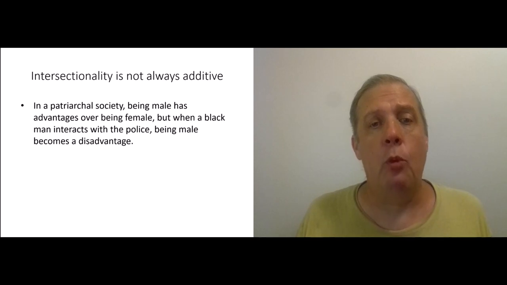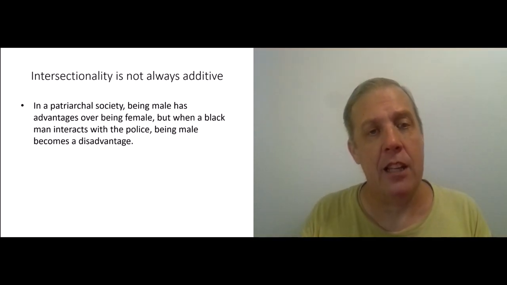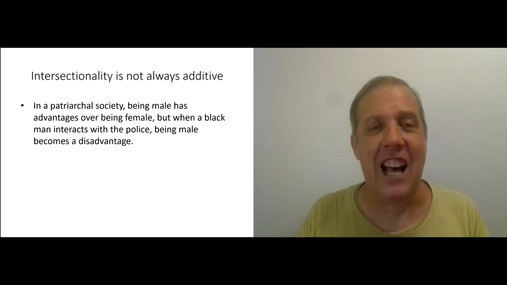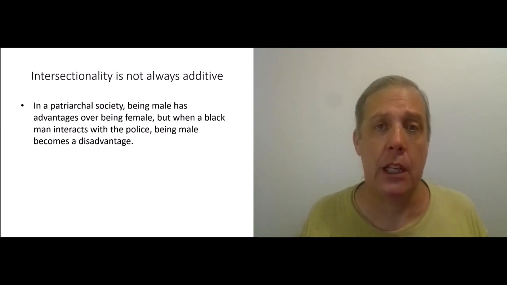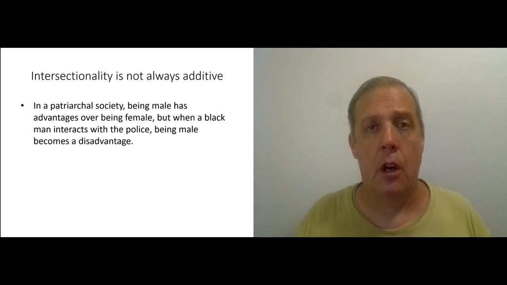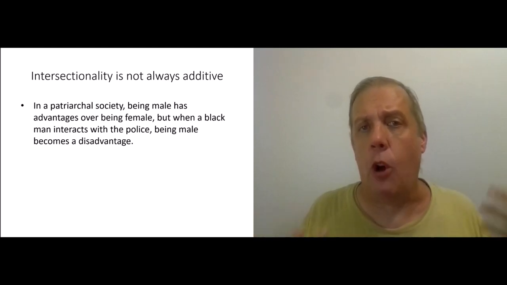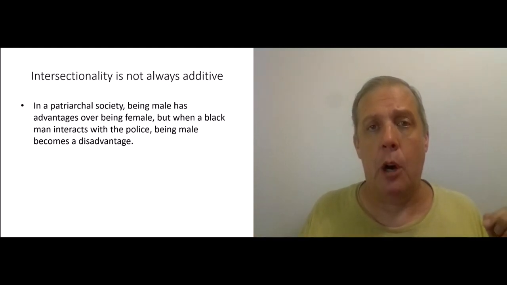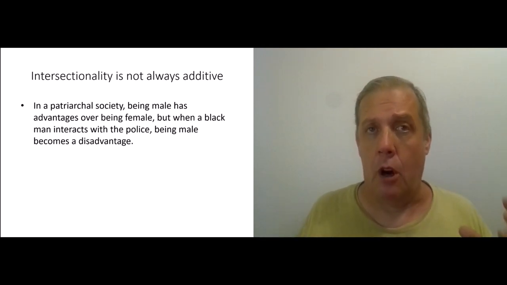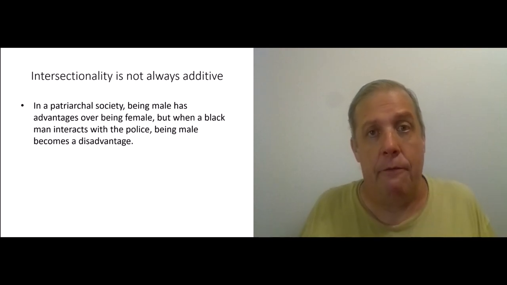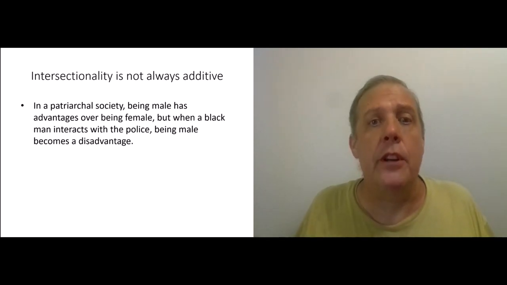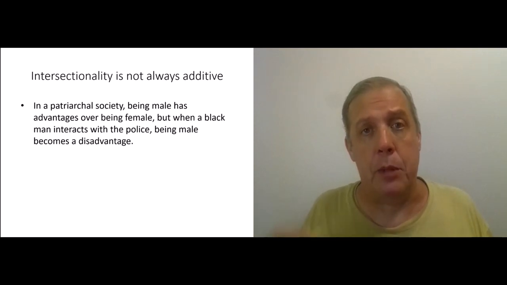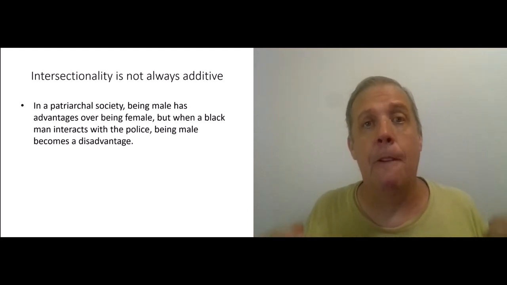But when you take the intersection of being black and male, and you take the context of interacting with the police, being male goes from an advantage to a disadvantage. I have male privilege. That doesn't always happen for people because the police are biased. I'll say that. In fact, the disadvantage of being male and black in this context can be fatal.